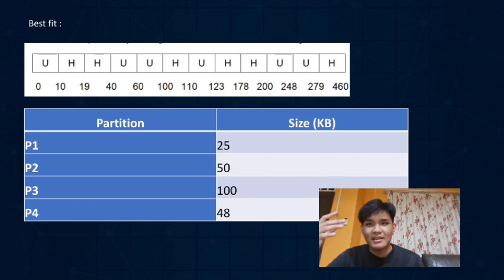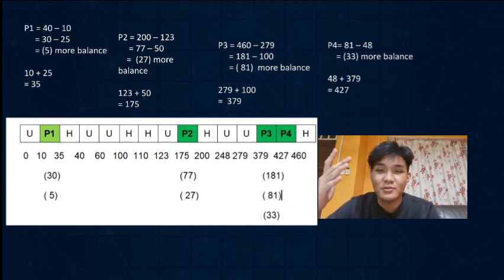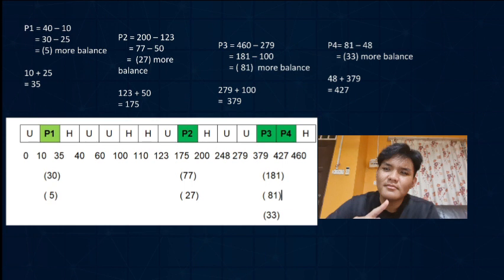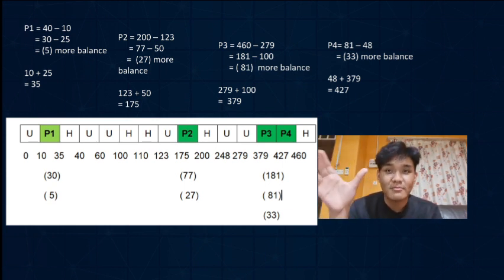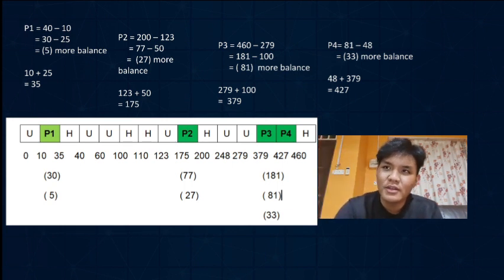That's where the calculation begins. Let's start with the first one, P1, which is 25. Where should we put the data, in which hole? We look at the range between 10 and 40. It seems suitable.